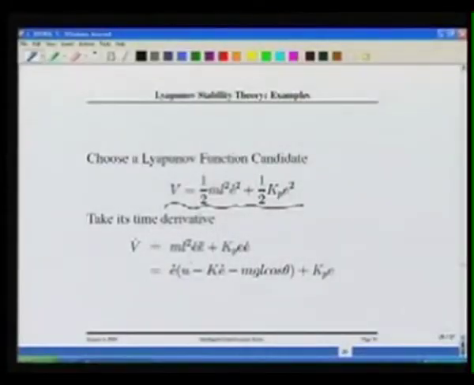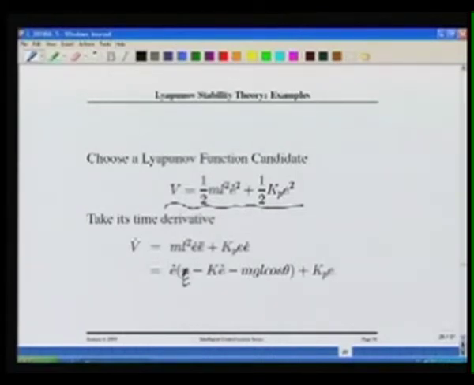Based on our experience, we have to make sure that we propose a Lyapunov function which is positive definite. There are many ways, but for this we designed this, and the time derivative V dot is ml square E dot E double dot plus k p E E dot. So, this is not u, this is actually tau.